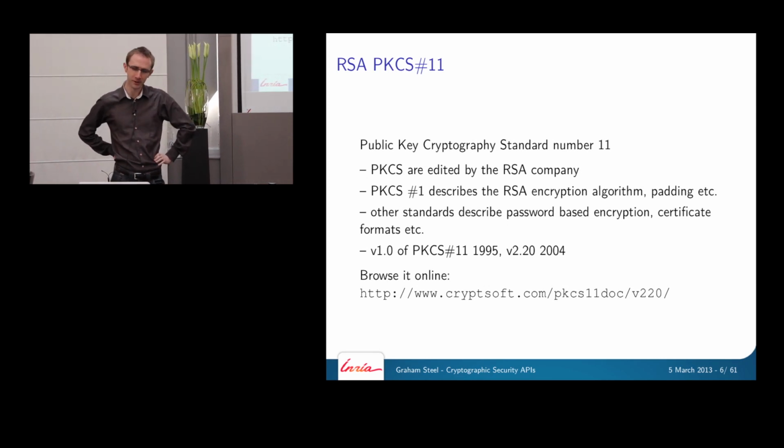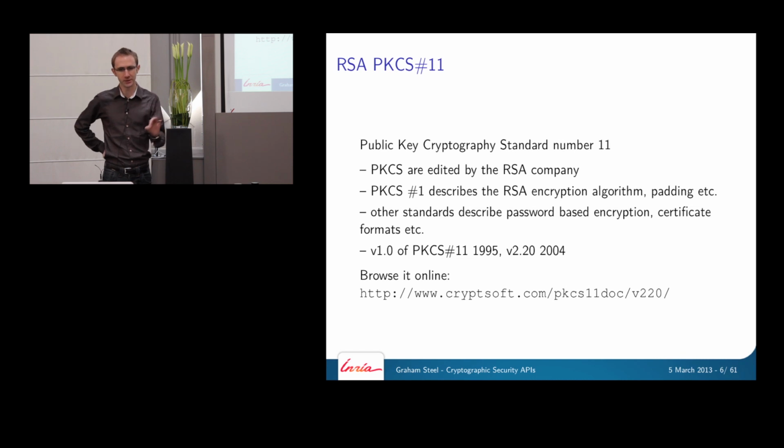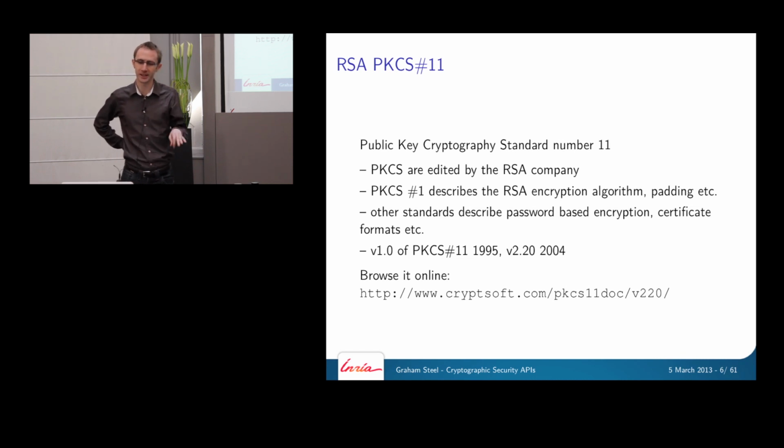And number 11 of the standard series describes an API for accessing crypto, which is called Cryptoki. The first version of it came out in 1995, and that's relevant because the design decisions taken then were obviously taken with the knowledge of crypto contemporary in 1995, and that's influenced what still remains in the standard now.